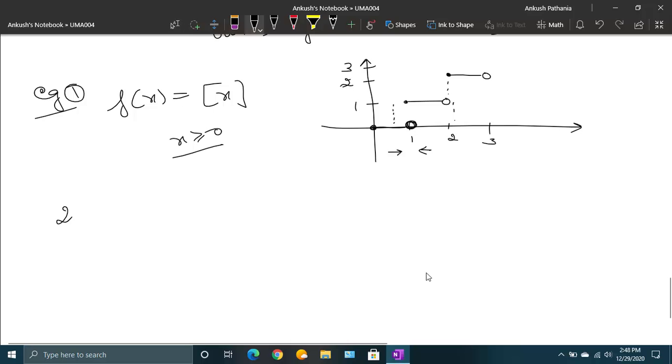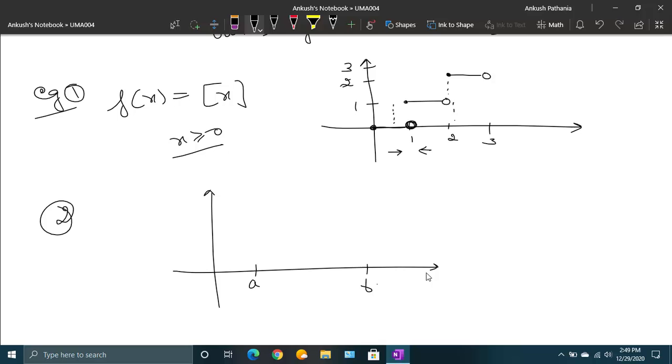Second example I can show you by a simple graph. Say this is A, this is B. Let me take this point as A1, and then you have point B1, and this is going like this.